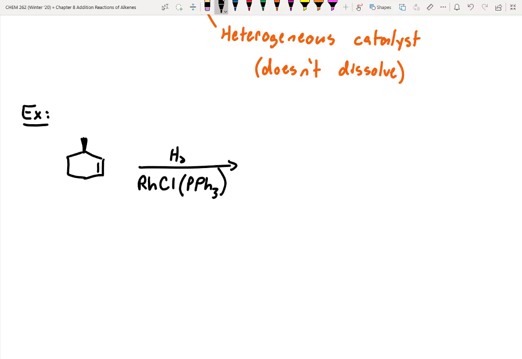Does anybody remember what Ph stands for? Phenyl, right? So it's a phosphorus with 3 phenyl groups coming off, and you've got 3 of those all attached to ruthenium, and you have 1 chlorine atom as well. This is called Wilkinson catalyst.